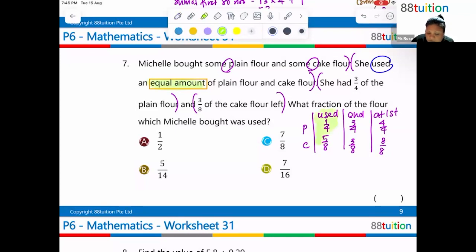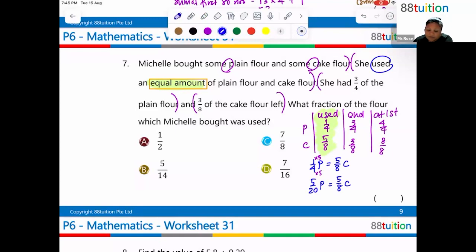So simply, this means that 1 out of 4 of the plain flour equals 5 out of 8 of the cake flour. Now, make the numerators the same. We will get 5/20 of the plain flour equals 5/8 of the cake flour.